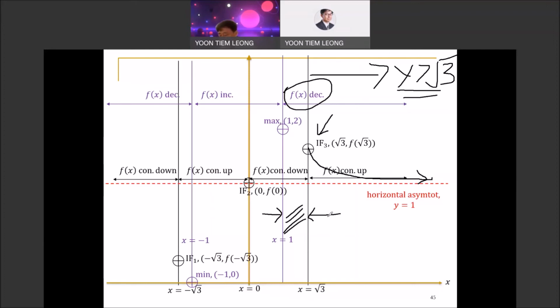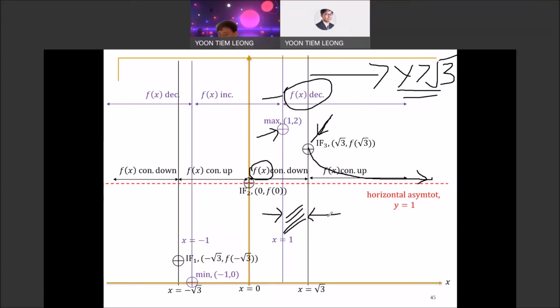In this region, the graph has a downwards concavity, and at the same time the function is decreasing, and it must connect the maximum point (1, 2) to the inflection point IF3.